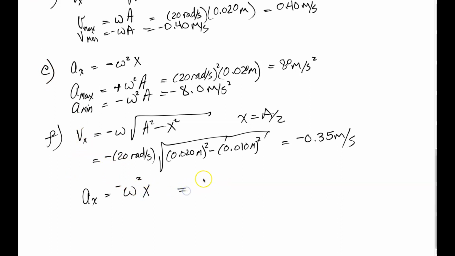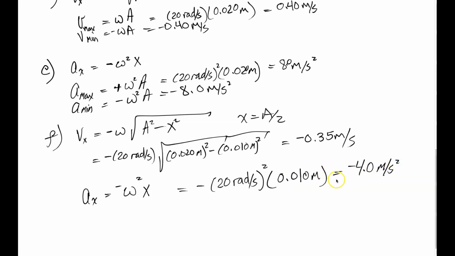So this will give us minus 20 radians per second quantity squared times 0.01 meter, that's the position. So we will get minus 4 meters per second squared.